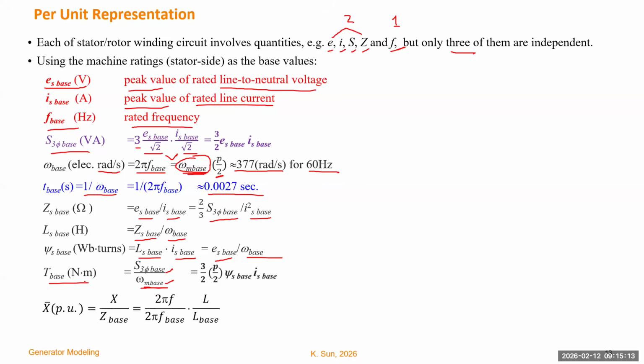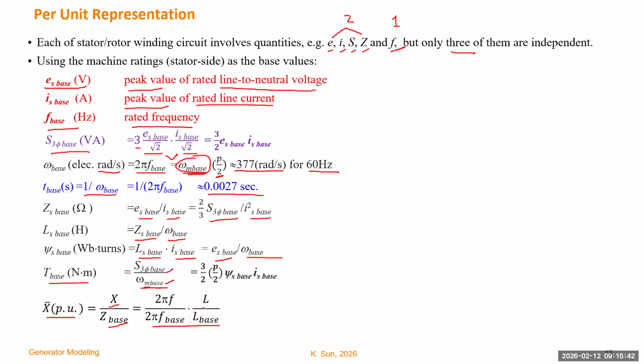Okay, next we want to talk about reactance, because later we'll see a lot of reactance. Reactance here has basically the same meaning as inductance. Reactance in per unit is actually reactance divided by impedance base, and that is equal to this formula.